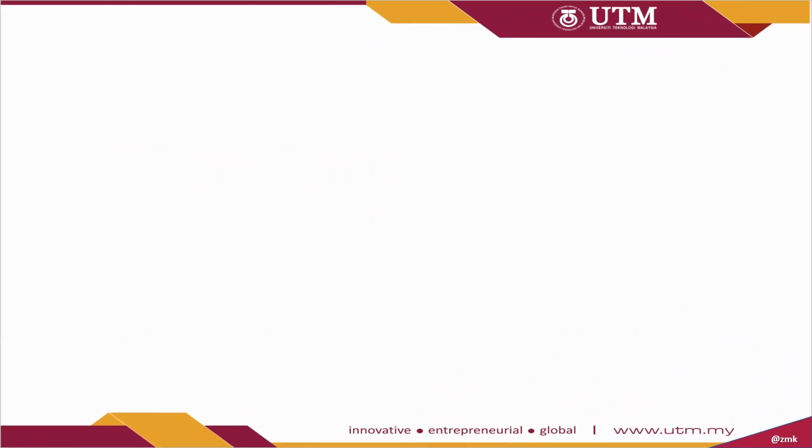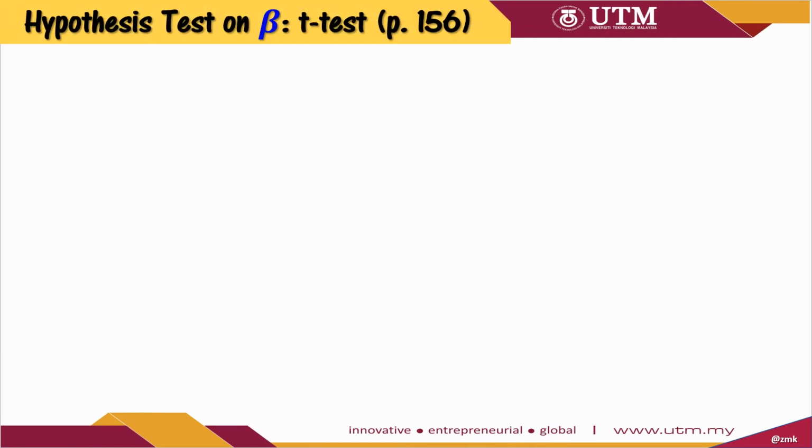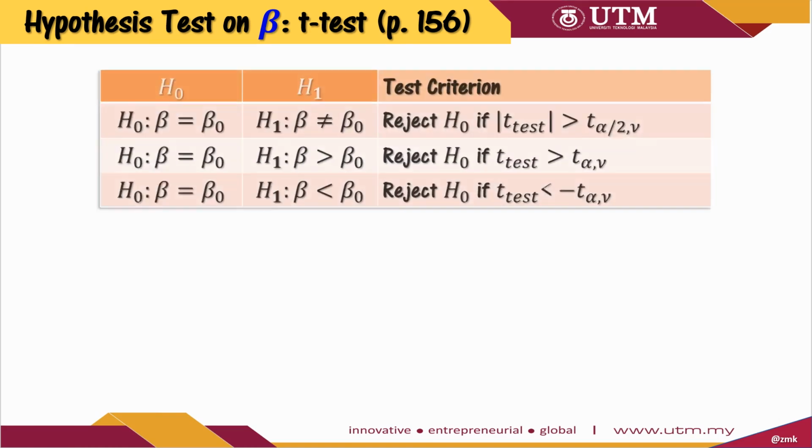You may refer to the Statistics for Engineers textbook on page 156 for detailed explanation on the t-test approach when testing the slope parameter beta. As mentioned earlier, you may have three options of statistical tests when using this t-test approach as listed in the following table.